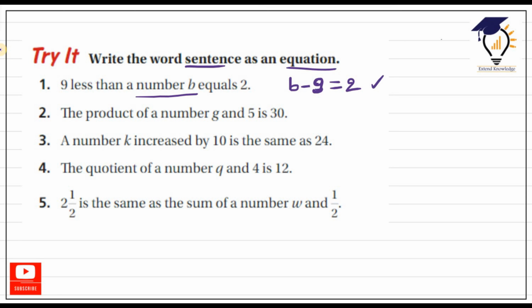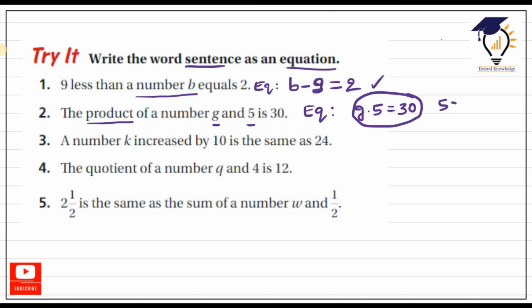This is the equation form. The second one: the product, that is multiplication, of the number g and 5 is 30. So we can write g times 5 equals 30, which I can rewrite as 5g is equal to 30.